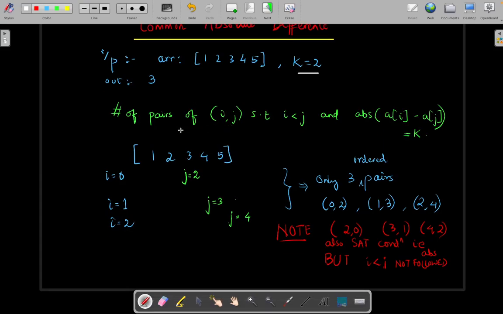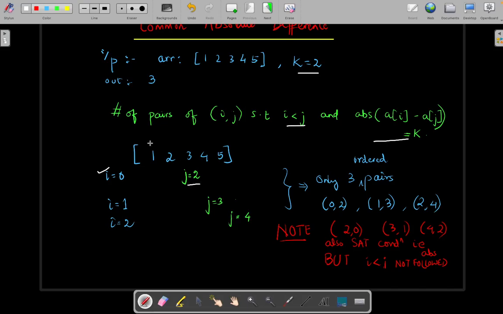We want the number of pairs i, j such that i < j and this condition is followed. Let's fix a particular i, where i equals 0. Or rather, my bad, let's iterate over j.